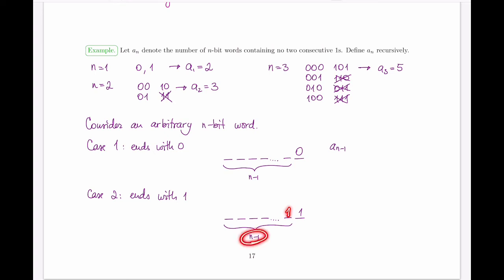So some strings of length n-1 that are perfectly fine and have no 2 consecutive ones themselves will acquire 2 consecutive ones if my string of length n were to end in 1. So that's not great, which means that if it ends with 1, I also have to consider the digit that came before. So I'm going to actually have 2 cases there.